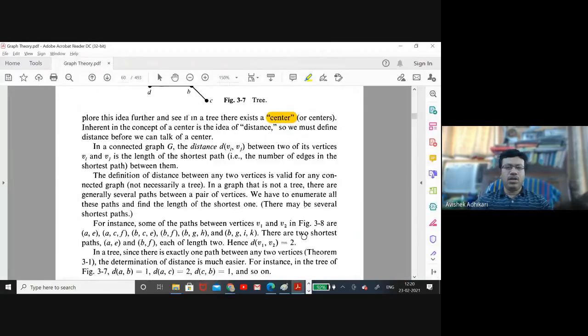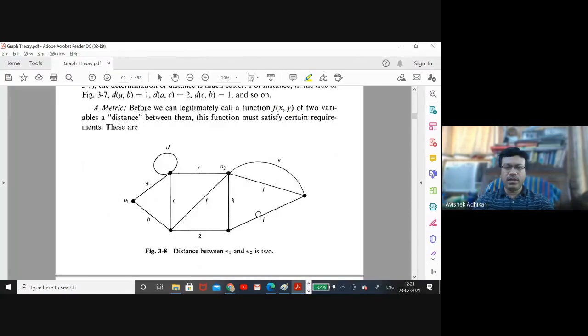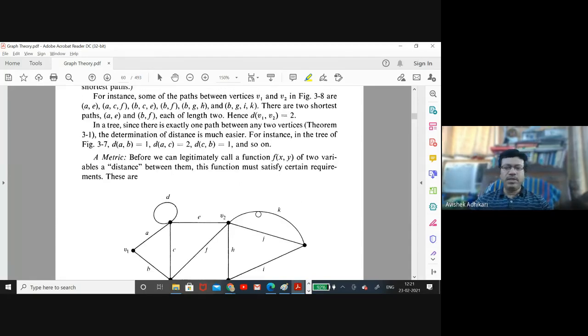Okay. So let us again come to this d of UV, the distance between two vertices U and V, which is the length of the shortest path. Okay, distance between V1 and V2 is how much? As you understand, when I define this concept of distance, certainly the concept of metric will also come into play.